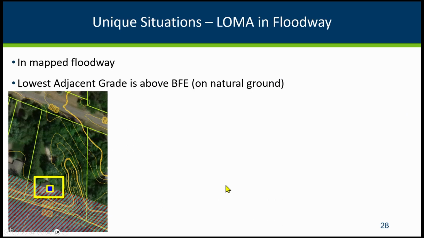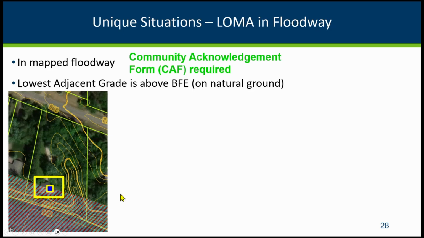Another unique situation for LOMAs is if it's a LOMA in a floodway. And it's probably hard to see online there, but there is a building here, and this is the floodway. But you can see based on these contours that this is a floodway that is not following the contours very well at all. And it's showing a building that's clearly very high in the floodway, which of course is wrong.